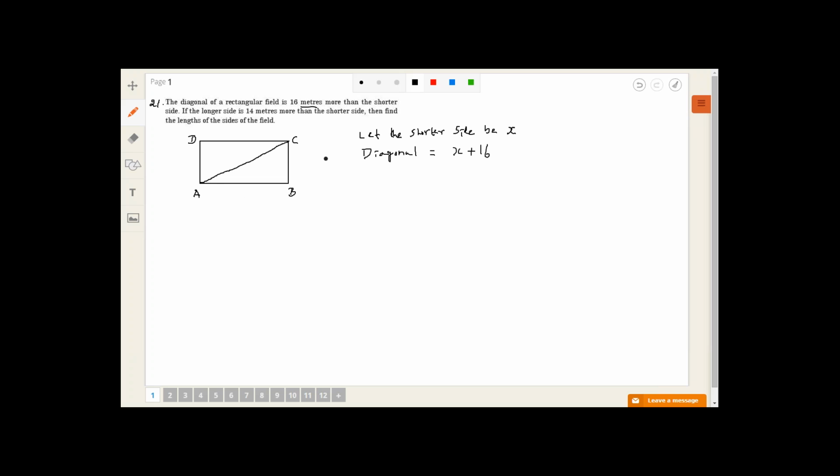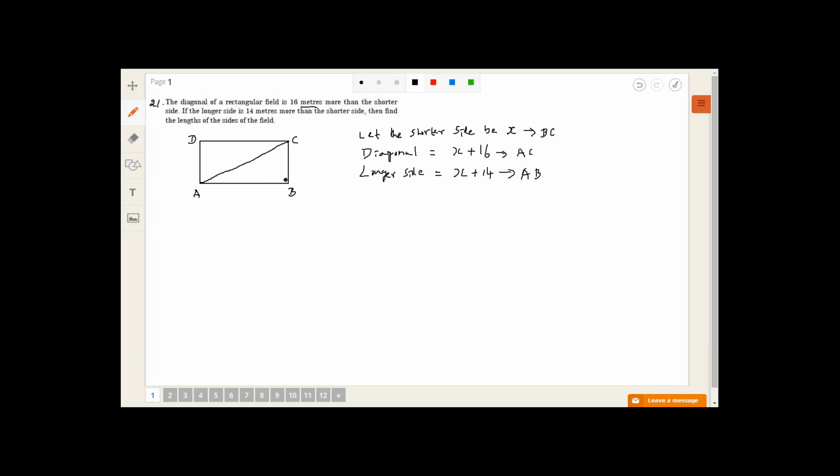If the longer side is 14 meters more than the shorter side, let the longer side be X plus 14. So in this case, the shorter side will be BC, the diagonal will be AC, and the longer side will be AB.